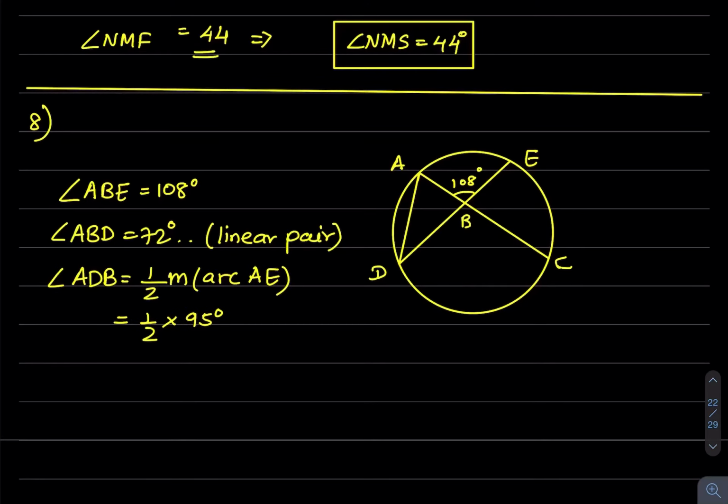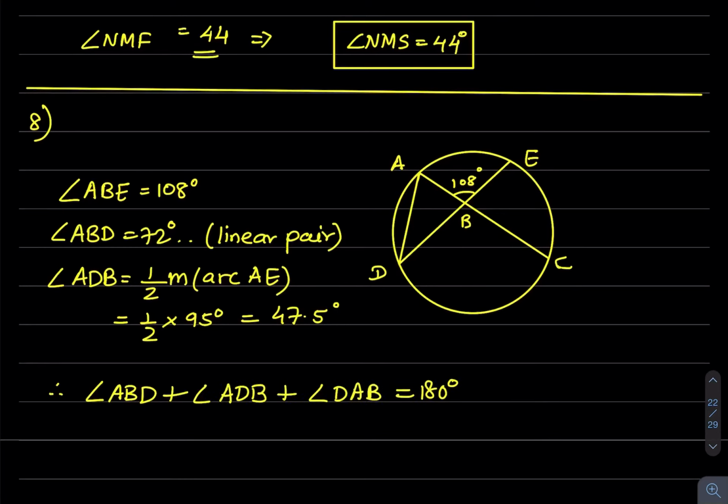Major arc AE is given as 95 degrees, so angle ADB will be half of that, 47.5 degrees. Now ABD plus ADB plus DAB is 180 degrees because they are the angles of a triangle. By putting in the measurements, we get angle DAB equal to 60.5 degrees.